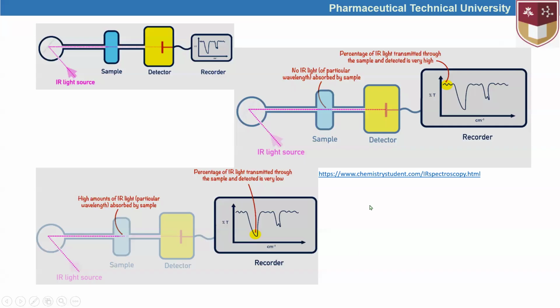These are the points that we have to understand. Sometimes we might have absorbance peaks that could be indicated like this, not upside down, but in that case from the bottom upward. Next.